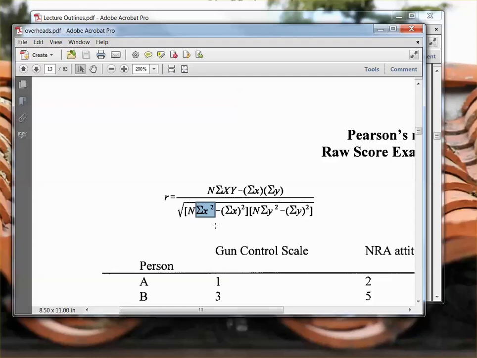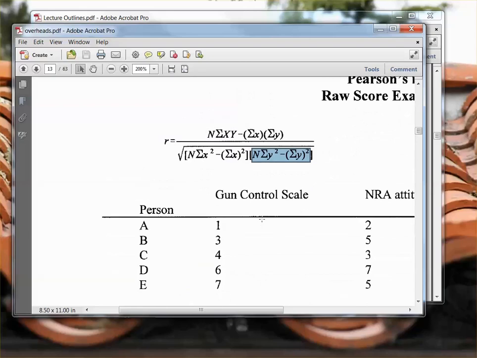So what we're going to do is square each of the x values, and that value, sum them up, and that will be this value that will go in here. This, we're going to sum up all of our x values, so it'll be the same as this value here, but then we'll square it. Same thing for our y variable under this particular term, and then we would multiply them.